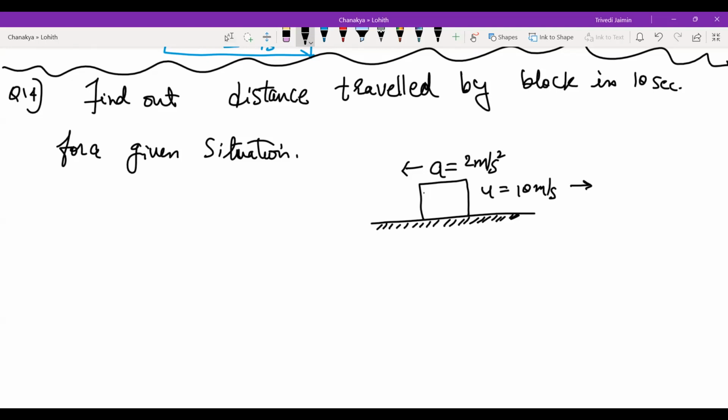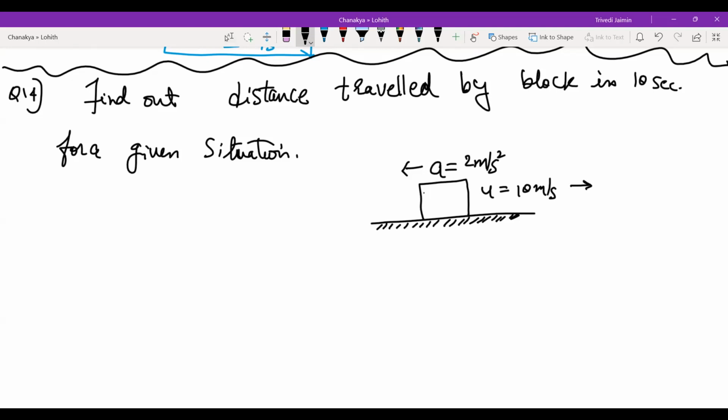Yes. Distance traveled, so we have to find where the velocity is 0. So (v minus u) by t is equal to a, we have to substitute v is equal to 0. Okay. Then u will be 10, a will be -2, right?